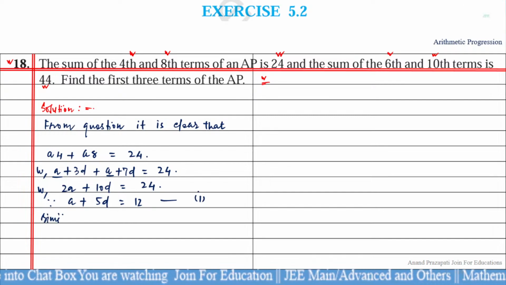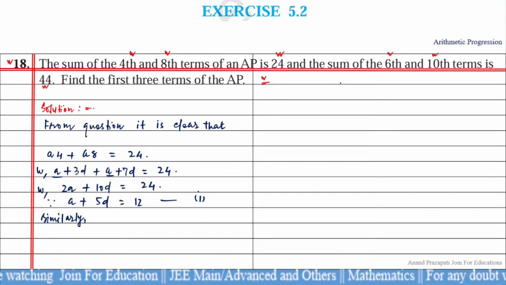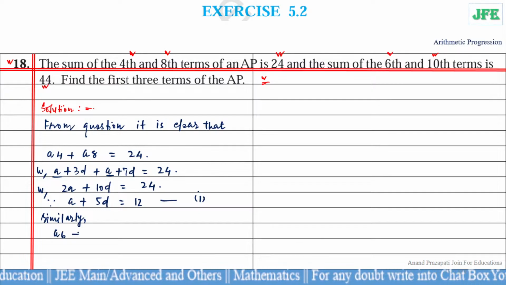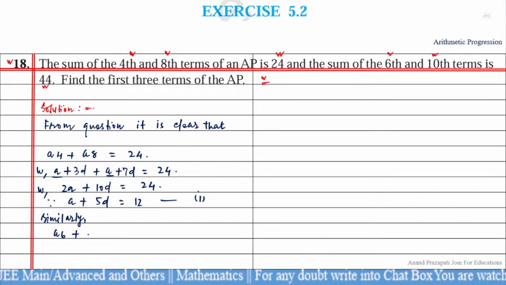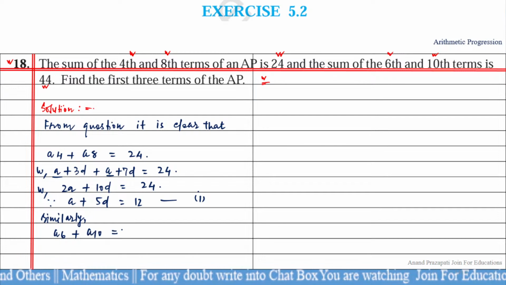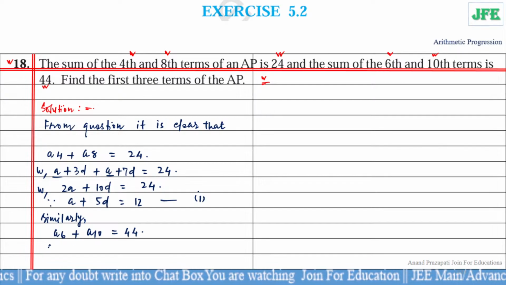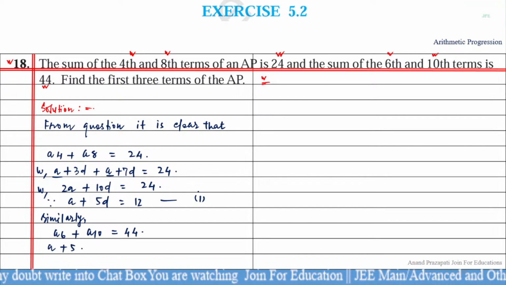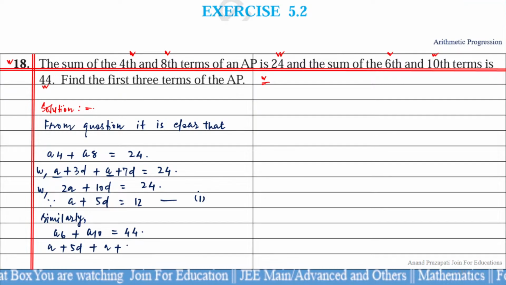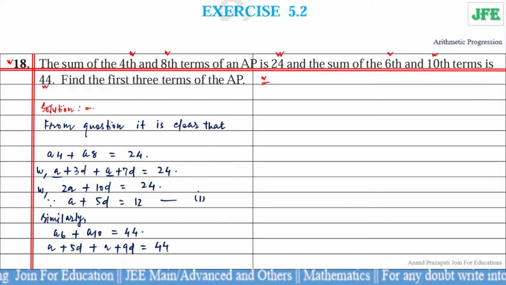Similarly, from the second condition, a6, it means the 6th term, plus a10, it means the 10th term, equal to 44. So a6 equal to a plus 5d and a10 equal to a plus 9d equal to 44.